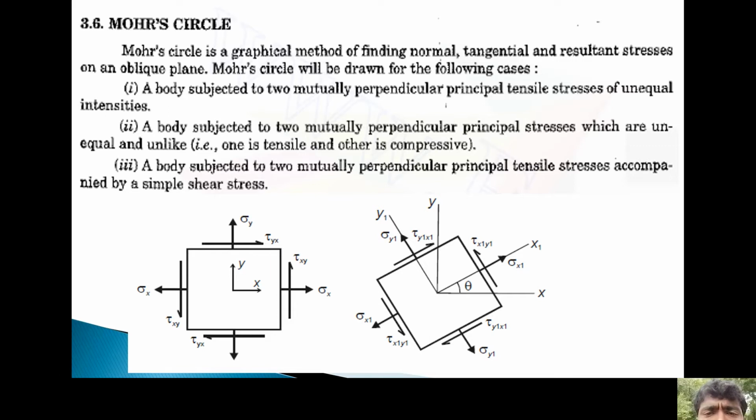A body is subjected to two mutually perpendicular principal tensile stresses of unequal intensities. In this figure, the two mutually perpendicular principal stresses are acting, unequal and unlike, meaning one is tensile and the other is compressive.